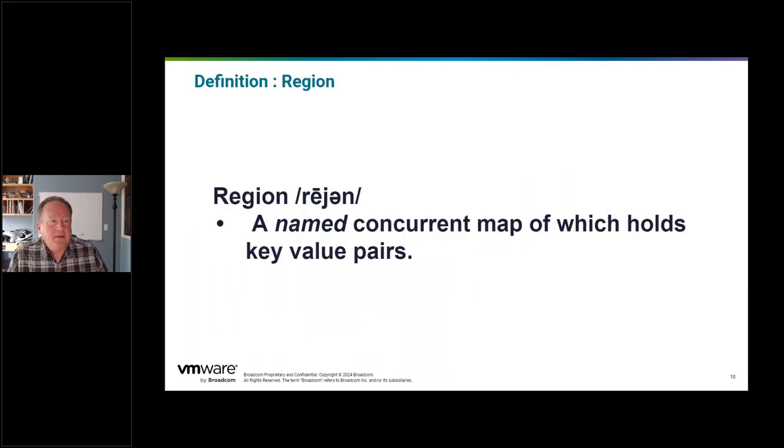I'm going to say this word. I want to make sure I define it. So I talked a little bit about data storage. You have many different ways of storing things in GemFire, right? And the main storage concept is what we call a region. And at the end of the day, it's just a concurrent hash map that holds the key value pairs.